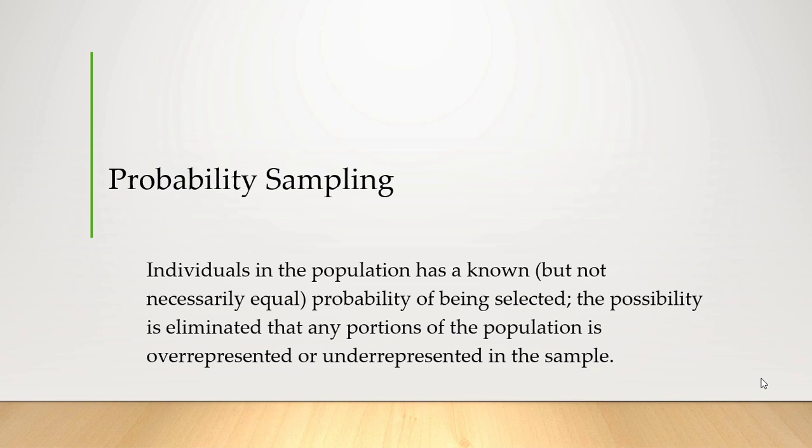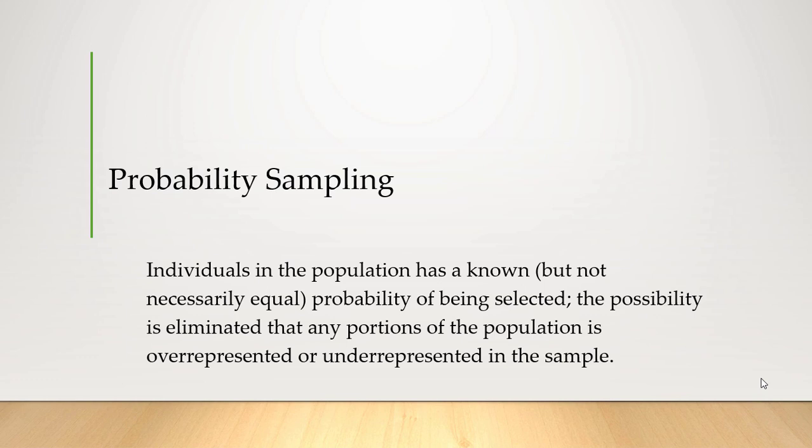Now, let's move on to probability sampling. Probability sampling is based on the principles of randomization, and it generates samples that are less biased and better representative of the population. The key difference between probability sampling and non-probability sampling is that in probability sampling, individuals in the population have a known probability of being selected.